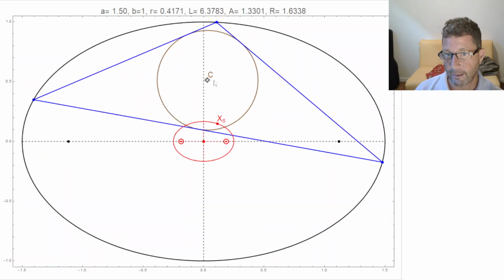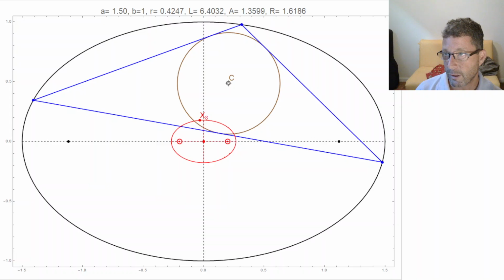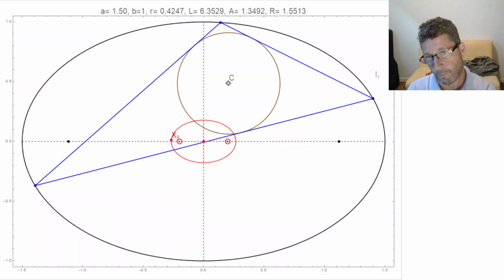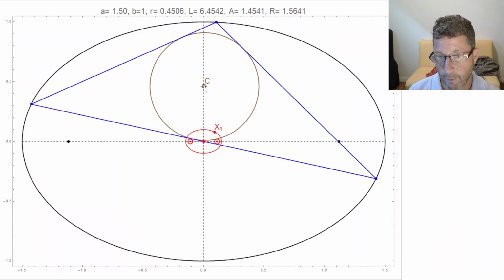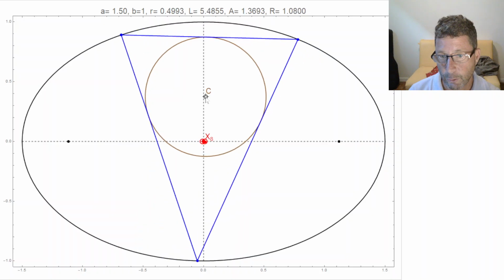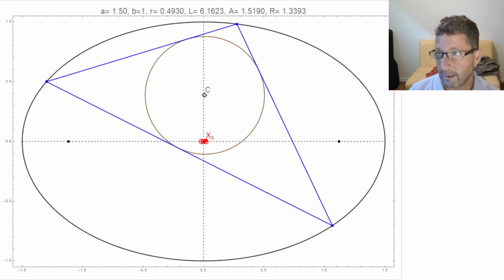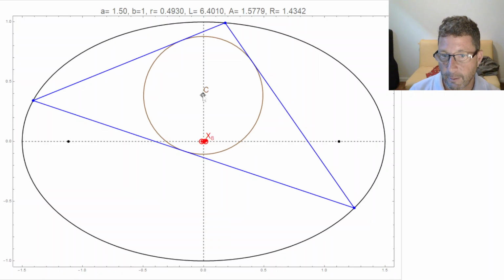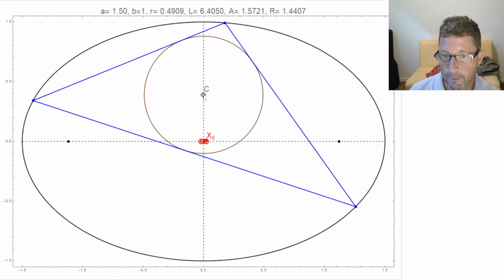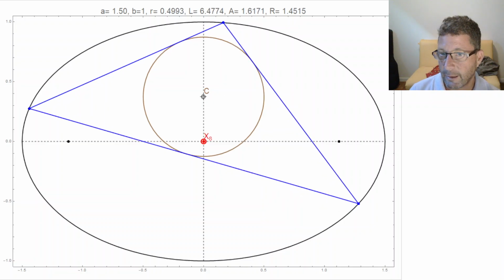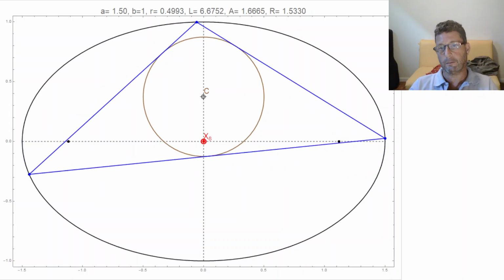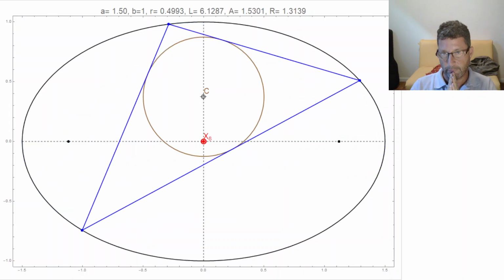So recall that the Nagel point locus was an ellipse, homothetic and concentric to the outer one. But when C is on that particular point that shrinks x2, the locus of x8 is shrunk to the origin of the system. So you get the sort of symmetric situation here. And this is an interesting family, right? Nagel point is frozen at the origin.